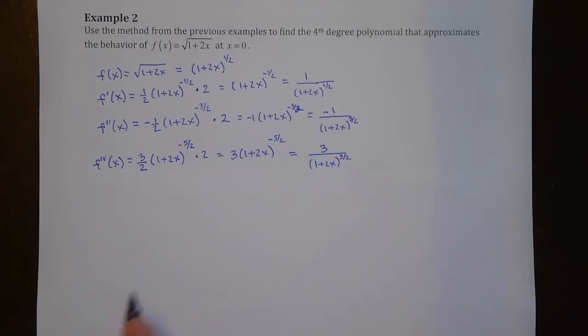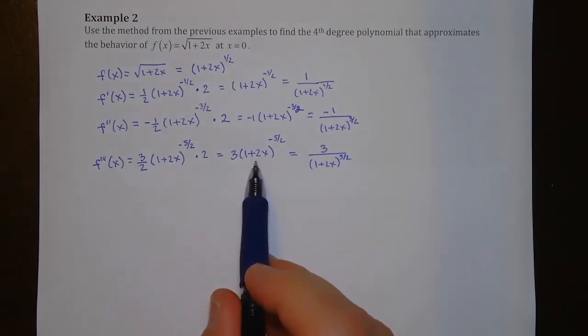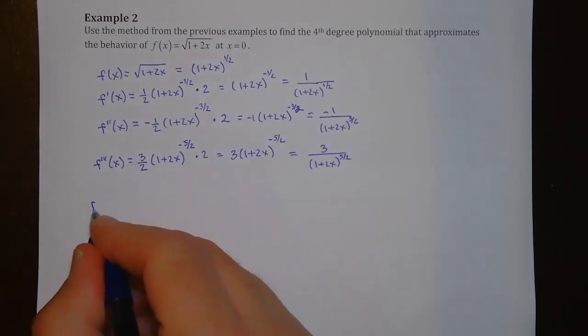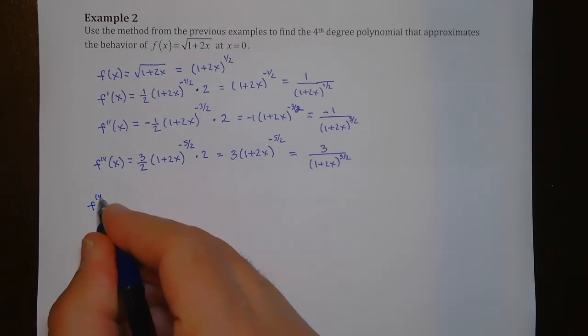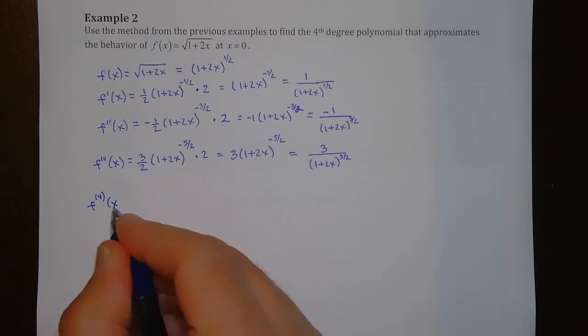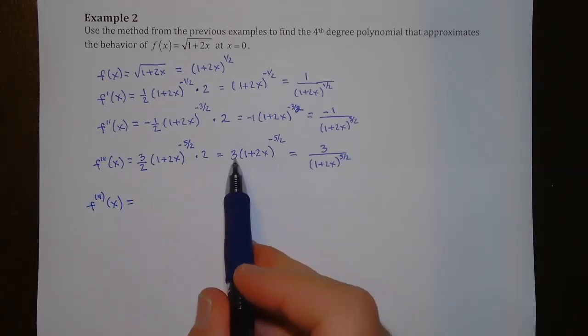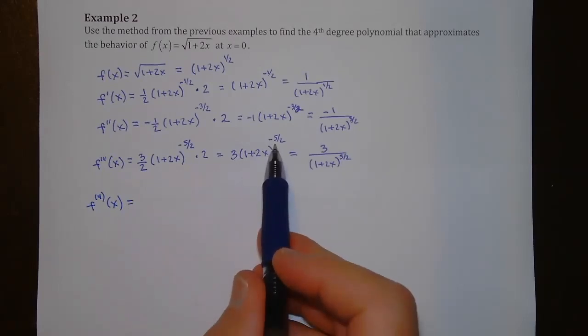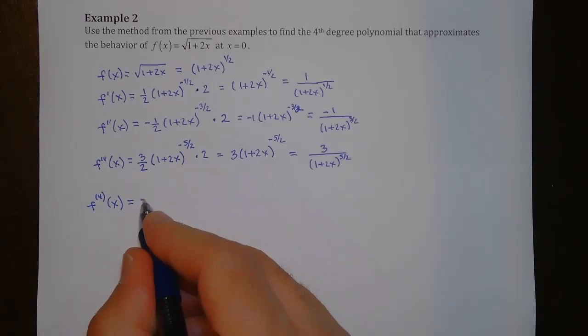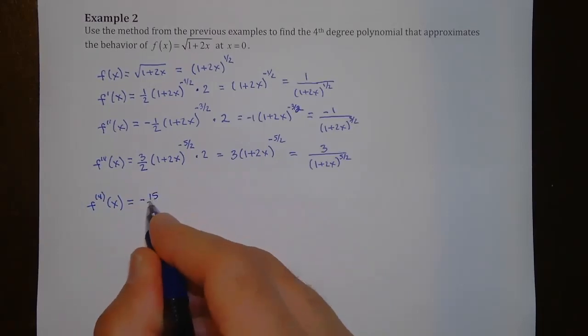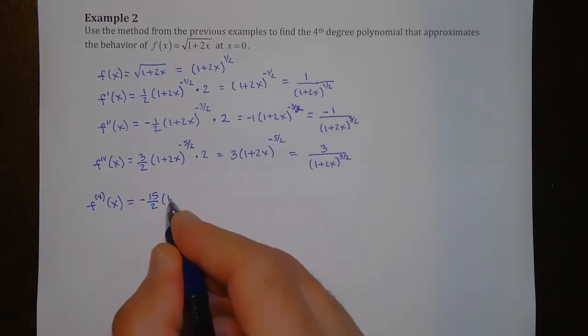Okay. This one's going to be better to find the derivative for, okay? So the fourth derivative of x would be equal to 3 times negative 5 halves, so that'd be negative 15 halves times 1 plus 2x.